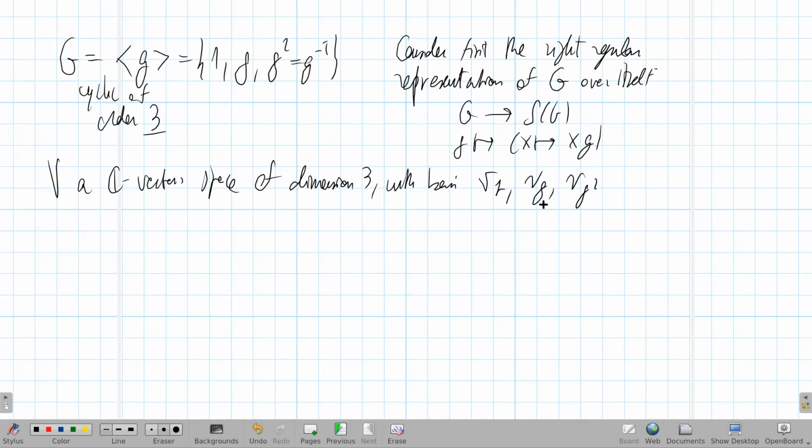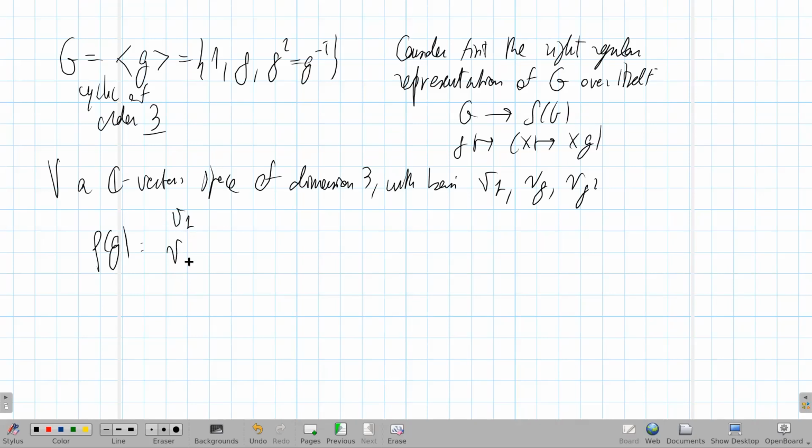So once more, this basis is parameterized by the elements of the group G. And so we now construct rho of g. It's enough to say what rho g is, because rho g squared will be just its square. How does it act?